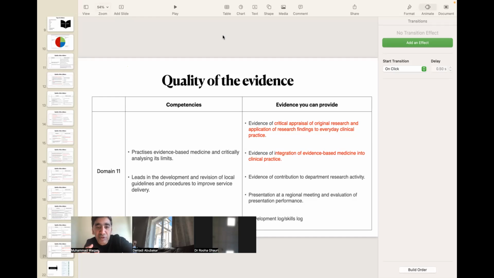So some of the evidence is actually non-specific. As long as it falls into that domain and you can provide the evidence of that particular competency, it's fine.